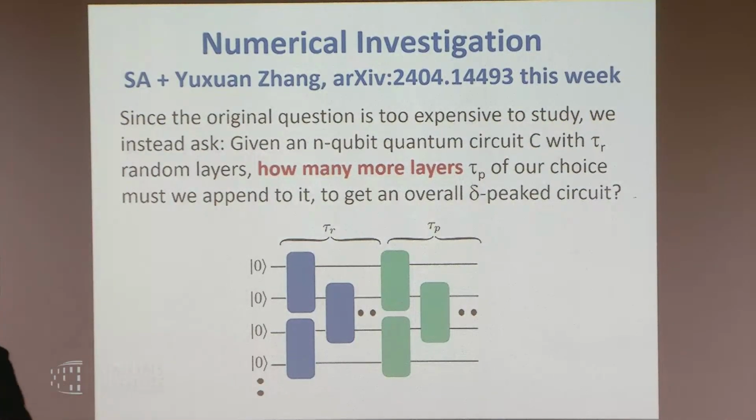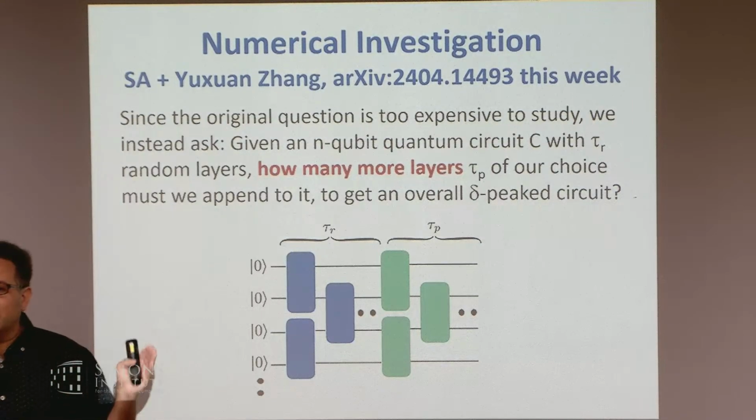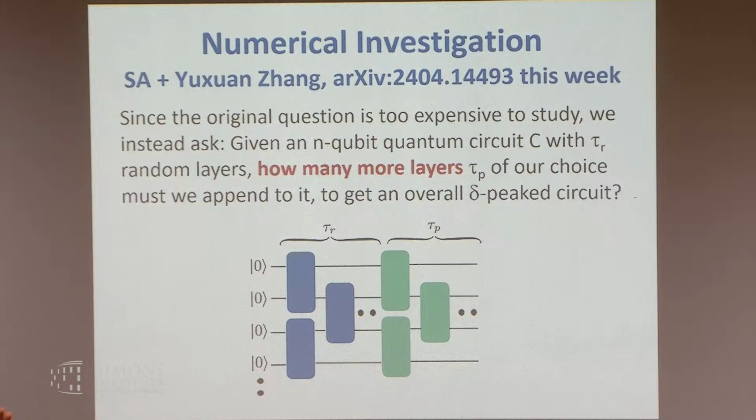Unfortunately, the experiment of generating random circuits and then post-selecting on their being peaked rapidly becomes intractable to do when the circuits are of any reasonable size. So we did something closely related, but which was easier to get numerics on.